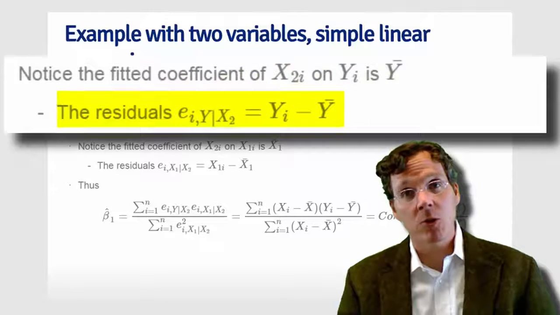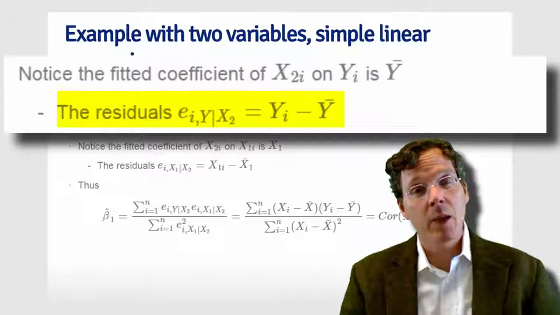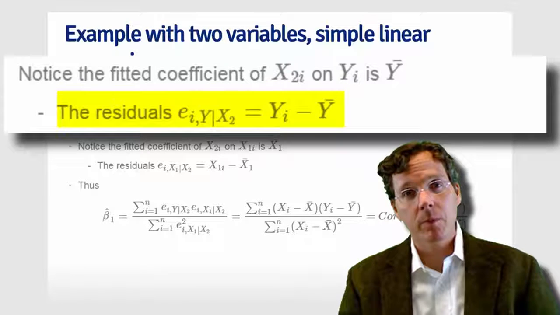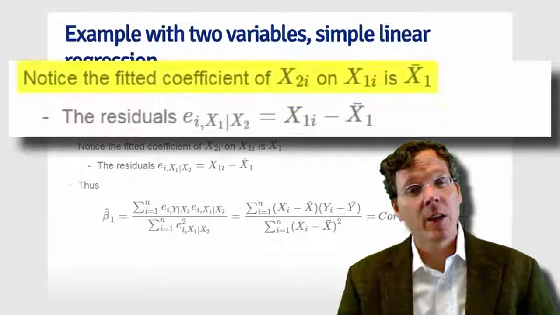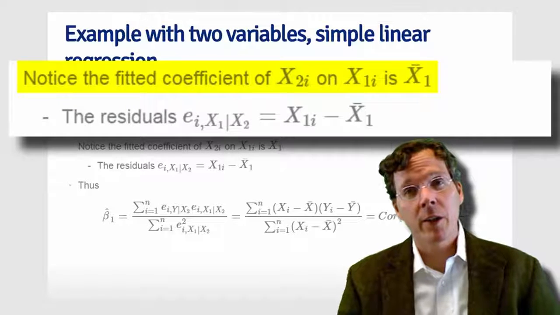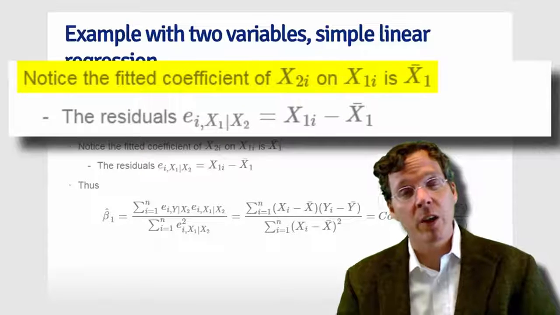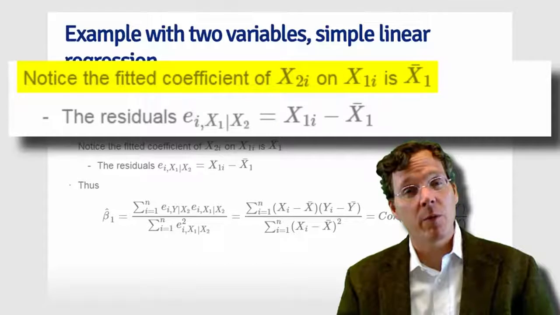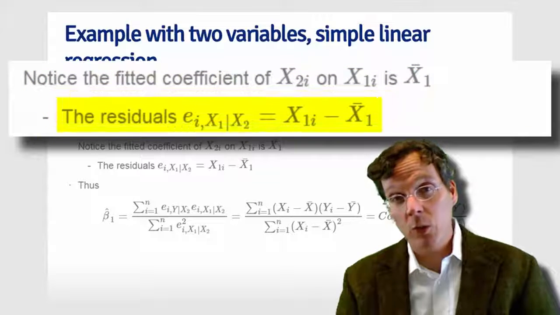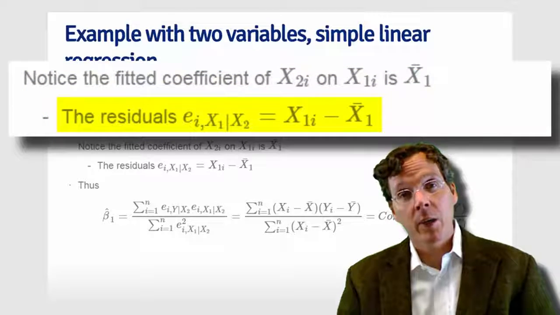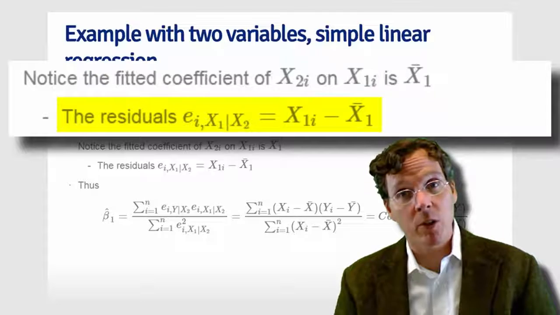And so the residuals are just the observations yi minus y bar, in other words, the centered version of the y's. And then if we were to fit x2 on x1, again, x2 is just a constant. The coefficient would just be x1 bar, the mean of that covariate, and so the residuals would just be x1i minus x1 bar, the centered version of that covariate.